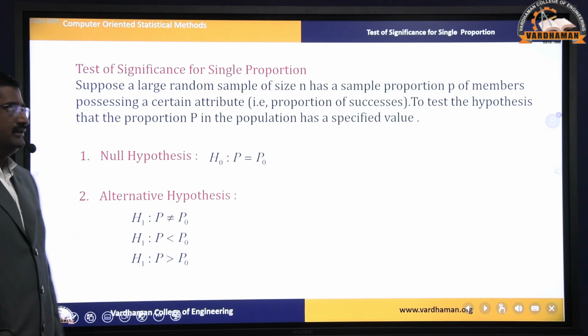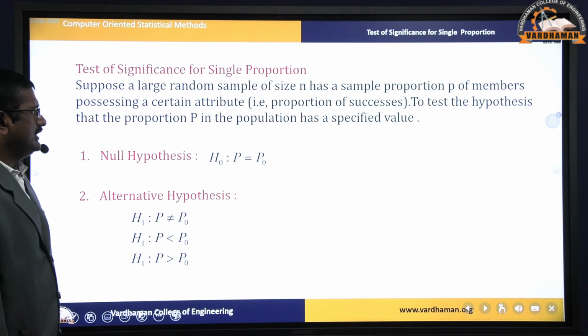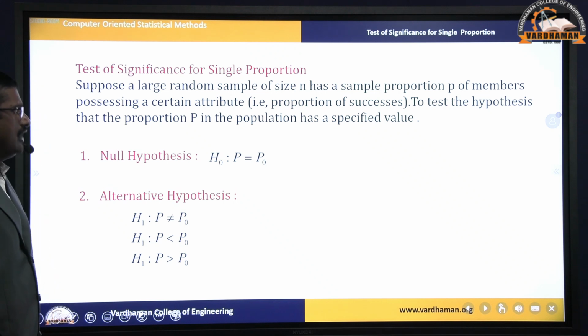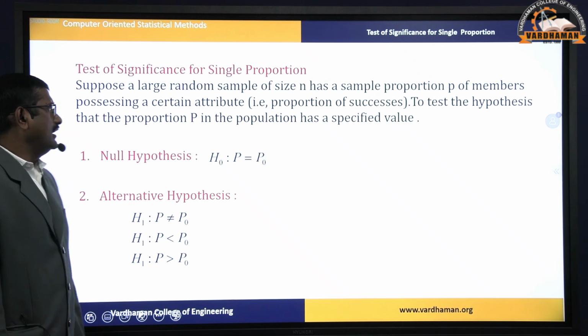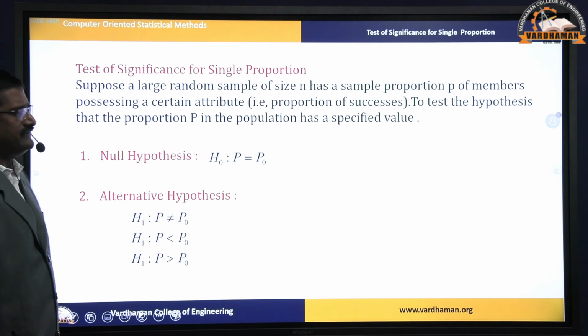See, when it is applicable: suppose a large random sample of size n has a sample proportion p of members possessing a certain attribute, that is, proportion of success, and we want to test the hypothesis that the proportion P in the population has a specified value.